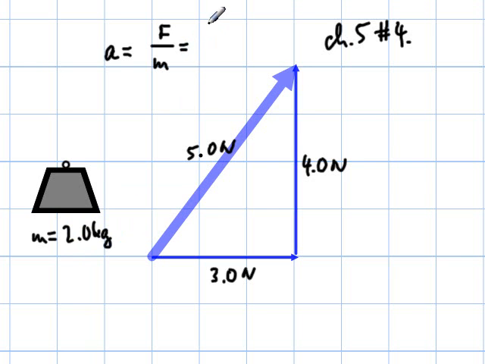So the force of 5.0 newtons divided by 2.0 kilograms comes out to 2.5 newton per kilogram, or meters per second squared.